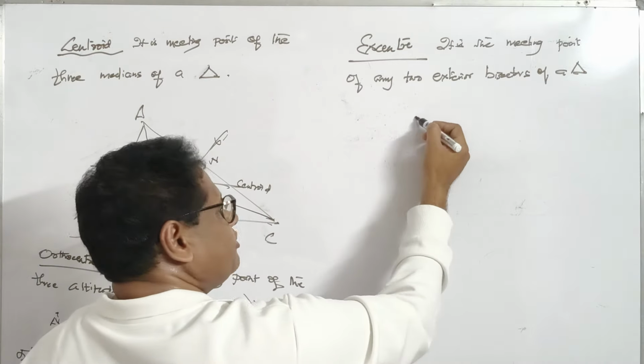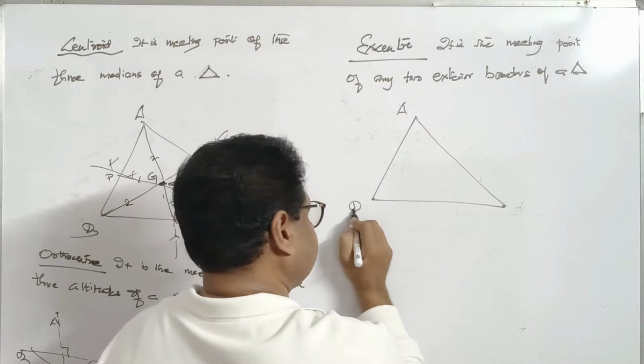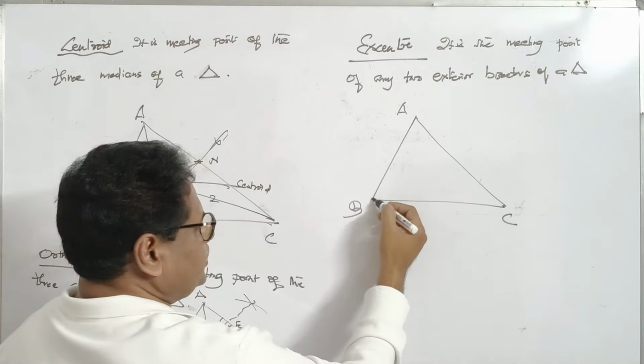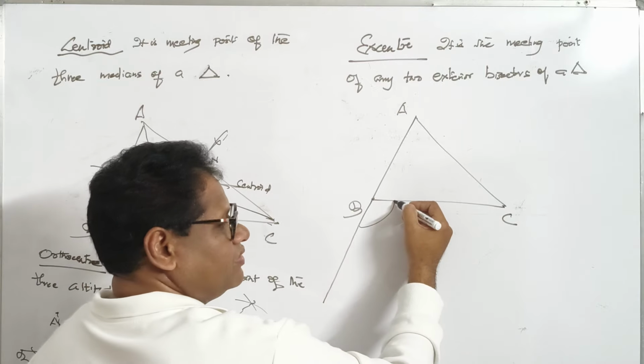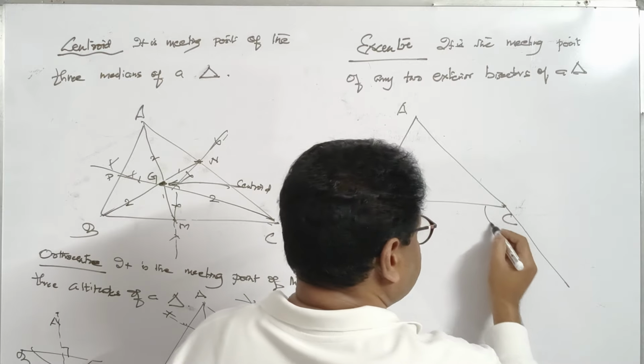Now what are exterior bisectors? Suppose this is the triangle ABC. If you produce AB, this is the exterior angle. If you produce AC, this is the exterior angle.